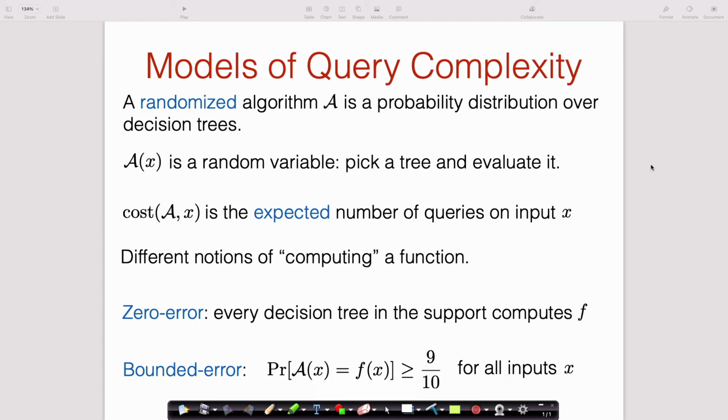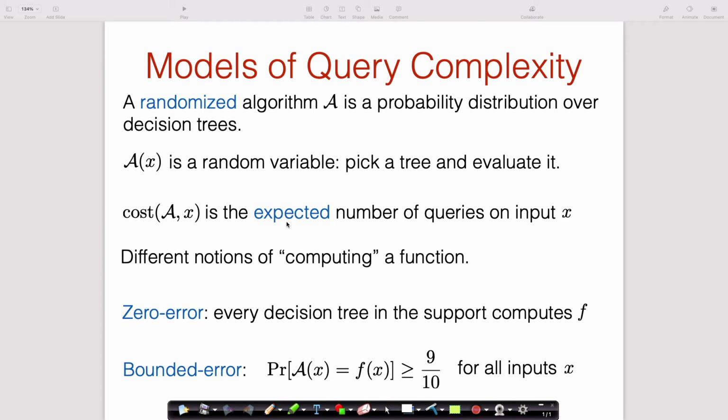In this case, the output of the algorithm is a random variable, because it depends on this random choice of which deterministic algorithm you execute. So the cost of an algorithm on input x is the expected number of queries made on input x. Again, this is expectation over the choice of the deterministic query algorithm that is executed.